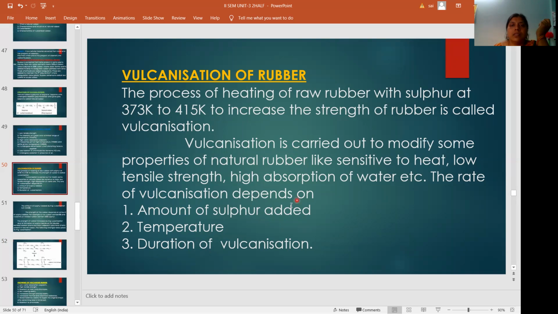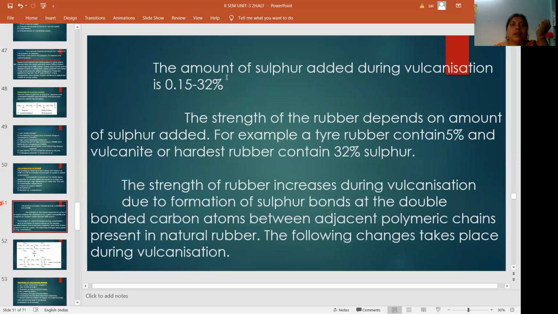Then the rate of vulcanization depends upon three factors: amount of sulfur added, temperature, and duration of vulcanization. The amount of sulfur added is in the range of 0.15 to 32%. The strength of rubber depends upon the amount of sulfur added. Tire rubber contains 5% sulfur and vulcanite is the hardest rubber, containing 32% sulfur.